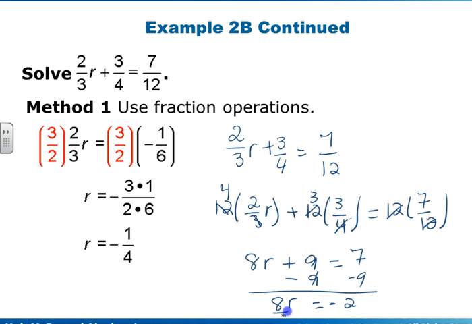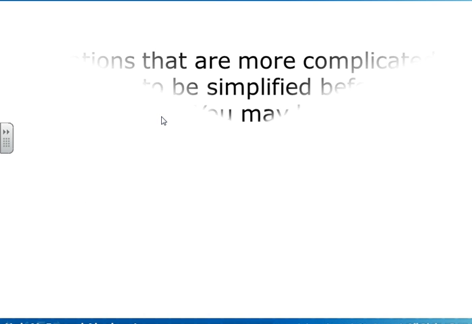Then we divide both sides by 8, and we end up with r equal to negative 1/4 once we simplify negative 2/8. Pretty easy, right?